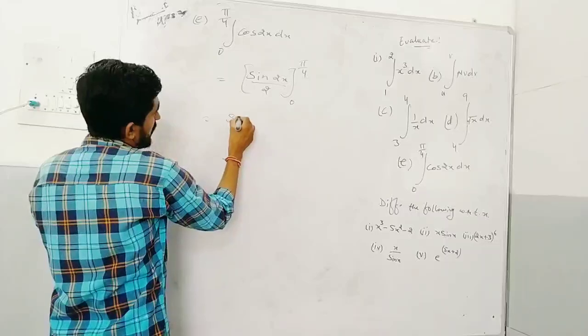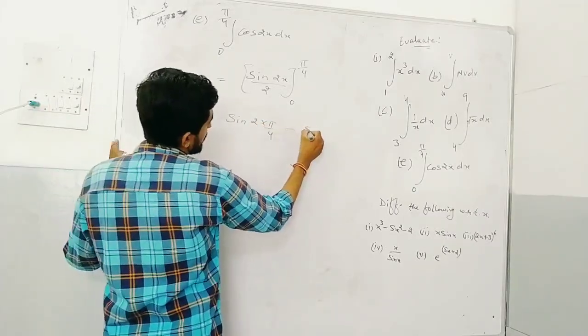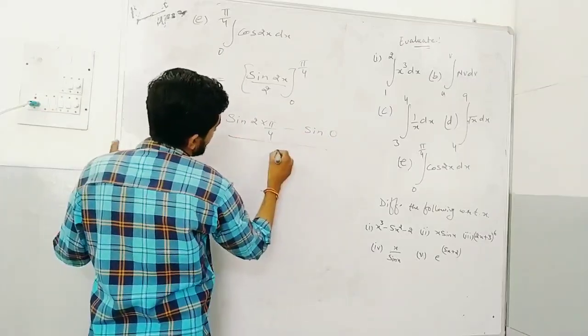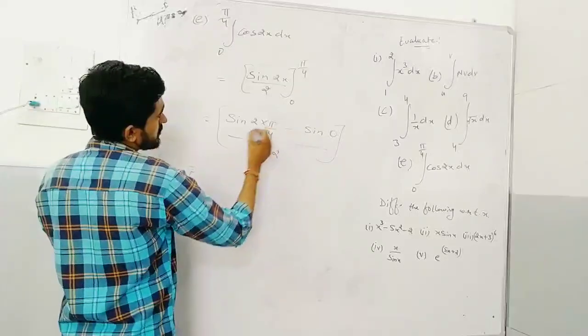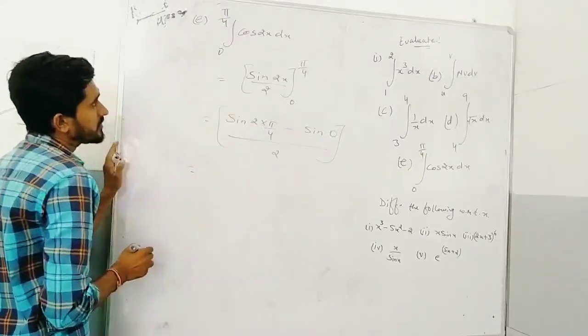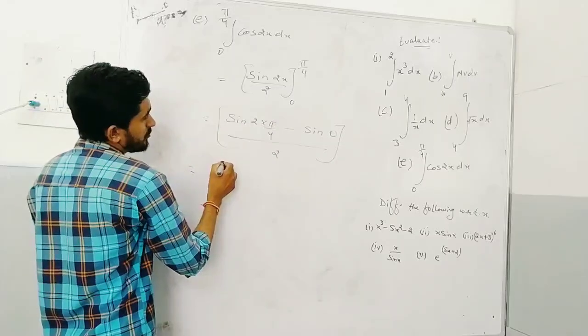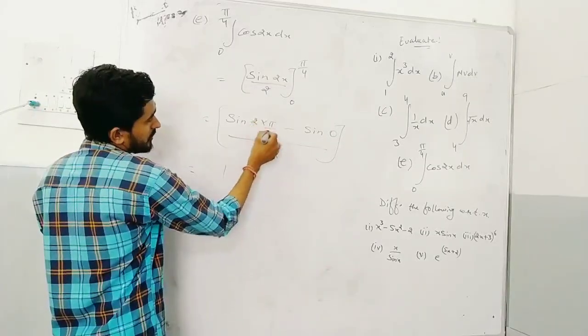Upper limit minus lower limit: sine of 2 into pi by 4 minus sine 0, upon 2.